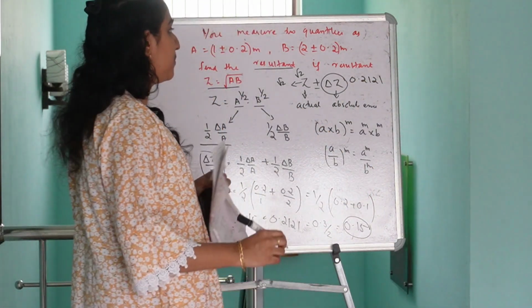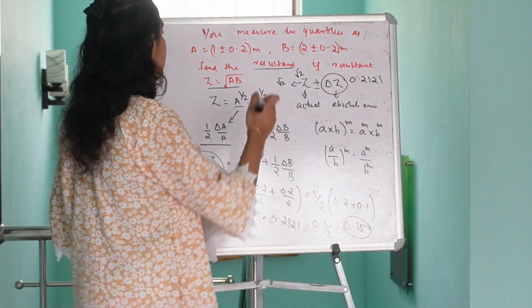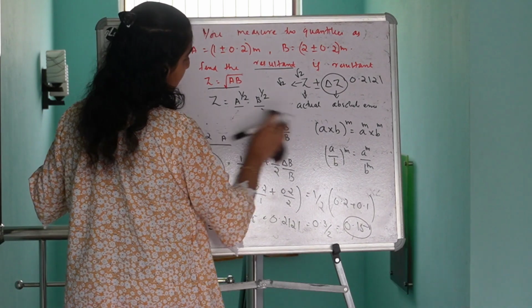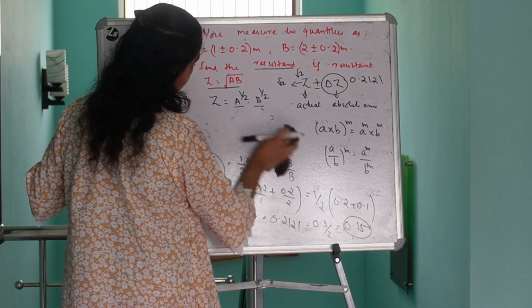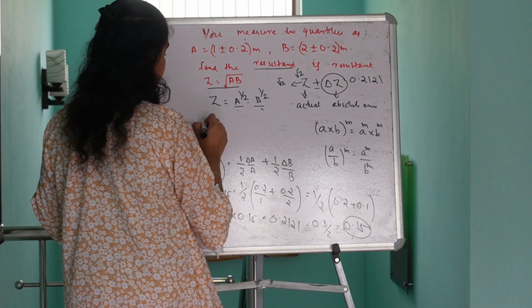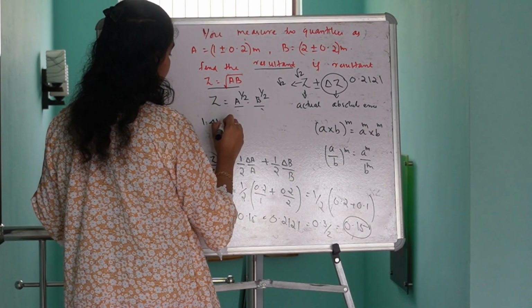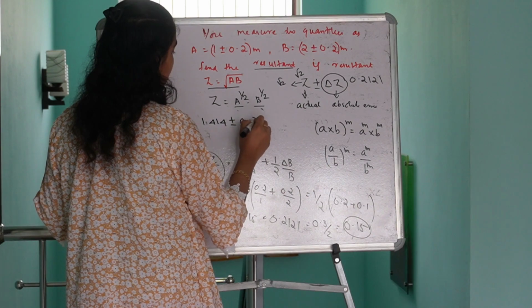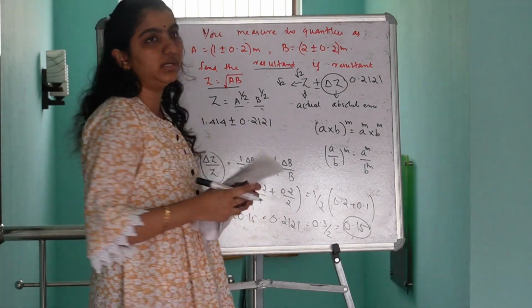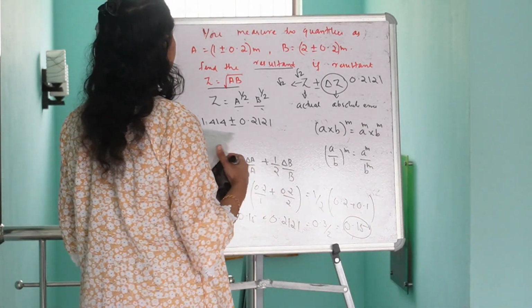Is it clear? 0.2121. So we can say the resultant z is equal to 1.414 plus or minus 0.2121. Is it clear, guys?